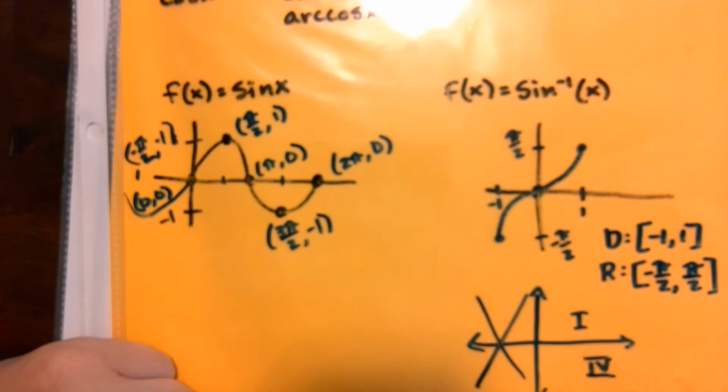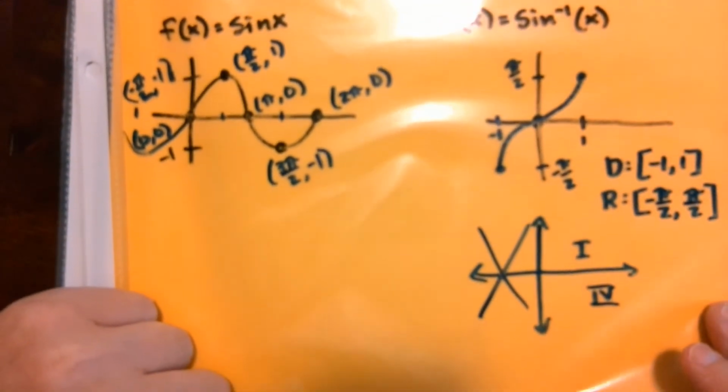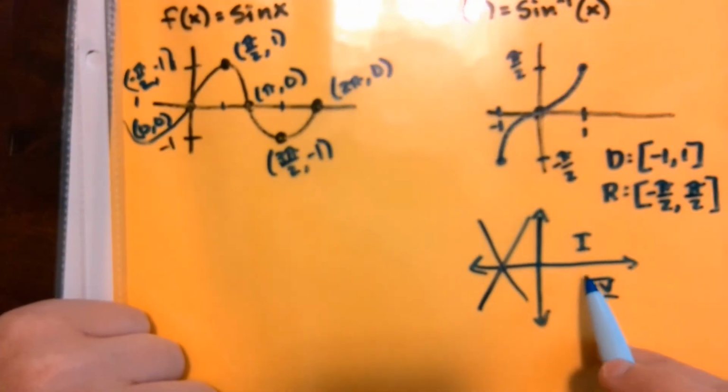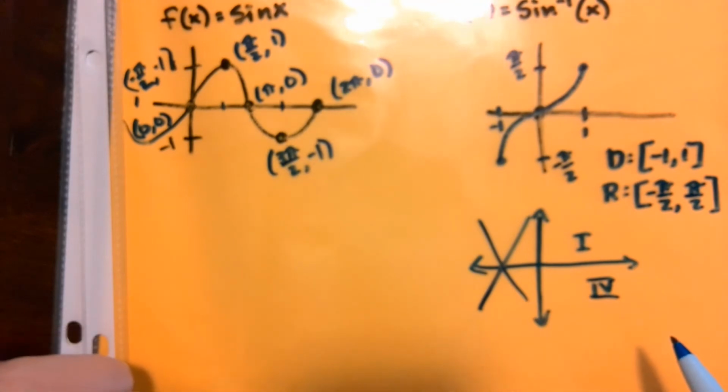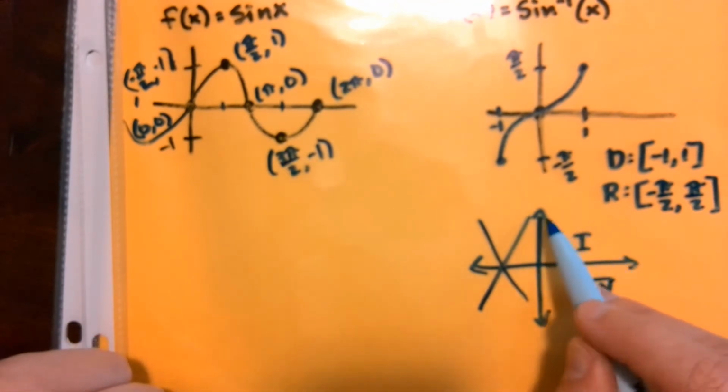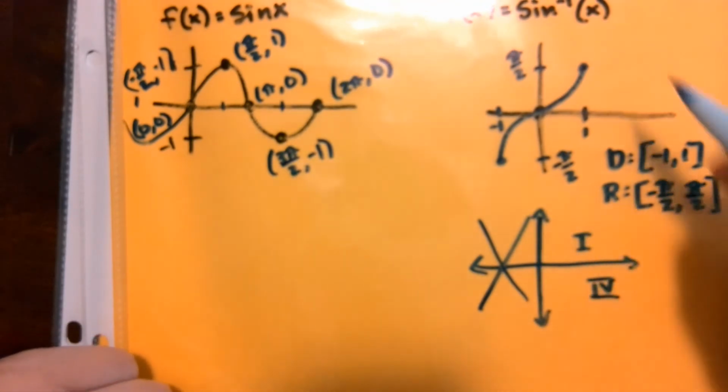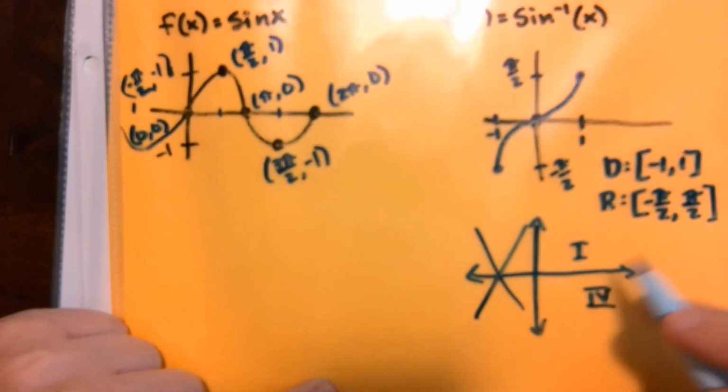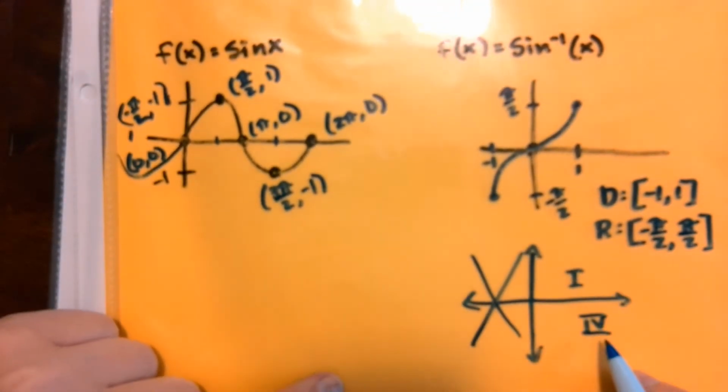So I'm not going to have that included at all. And not only that, but in the fourth quadrant, it's always going to be a negative value. So if my ratio was positive, then I'm going to have the positive angle. If my ratio is negative, I'm going to have a negative angle.